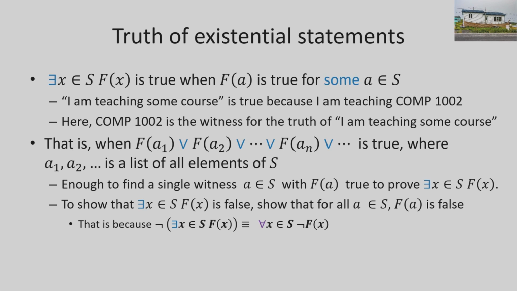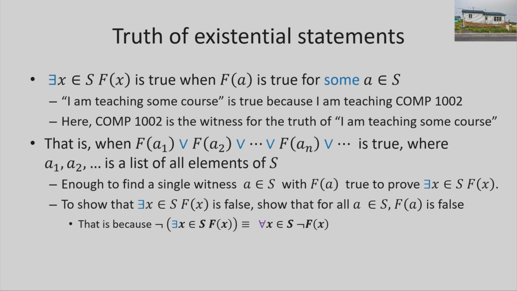Here, because we just need it to be true in one place, we put an OR. So there exists x in S, f of x is equivalent to saying either f of the first element of S is true, or f of the second, or f of the third, and so on and so forth. If one of them is true, then the whole thing is true.